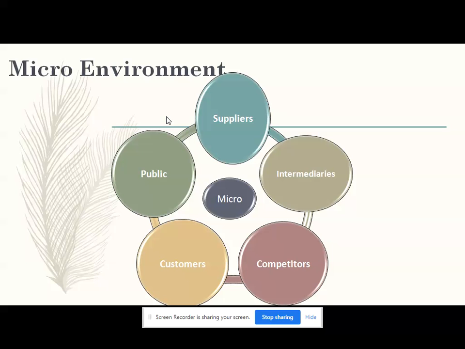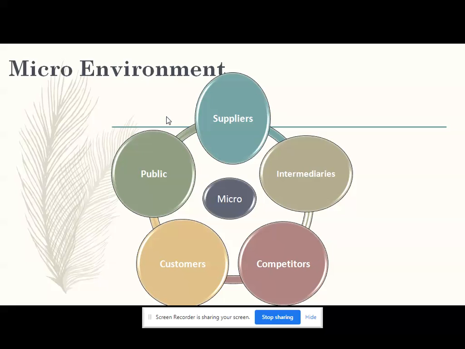Then marketing agencies. They promote the organization's product by making the customers aware of the benefits of the products and services the company is producing. Advertisement agencies are an example of marketing agencies, or maybe marketing research companies that collect data from various consumers and provide that data to the organization.